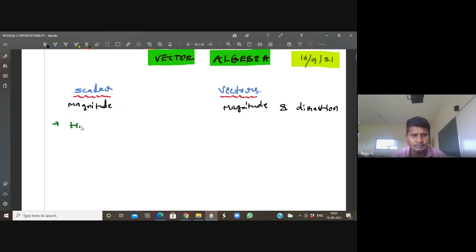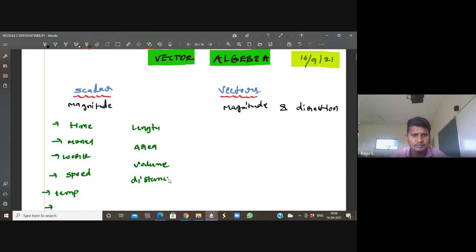Like let us take time and money and work and speed and temperature, and you can take some length, area, volume, and you can take distance, and you may take a resistance, any other.